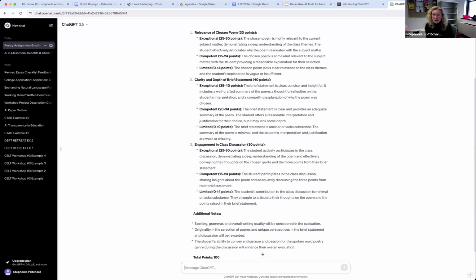Does anyone feel as though this is a good rubric or mediocre or terrible? I think it's a good baseline, but it's not clear to me what constitutes deep understanding or insightful or active participation, or they seem to be using words that are rather vague.